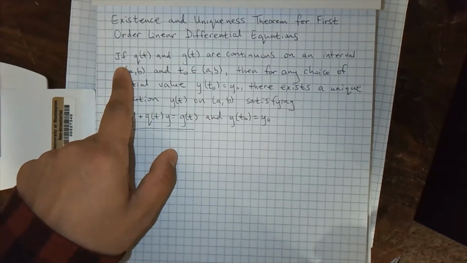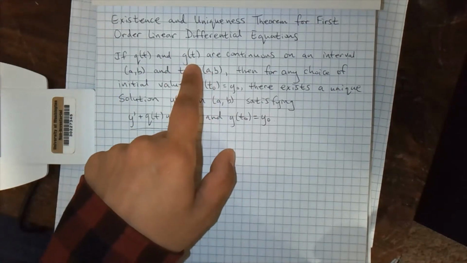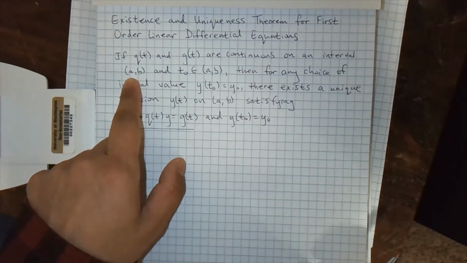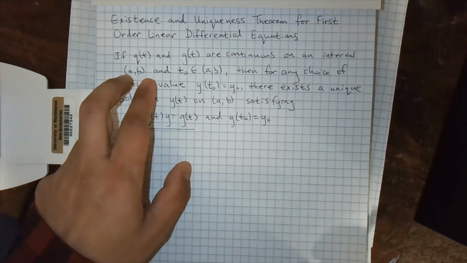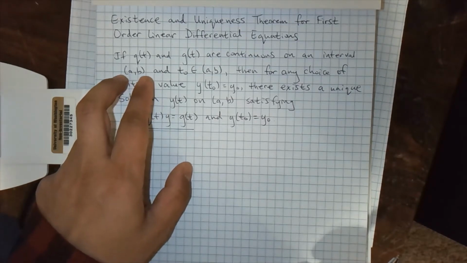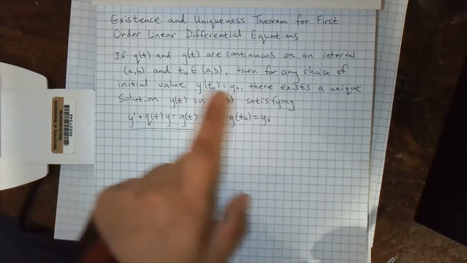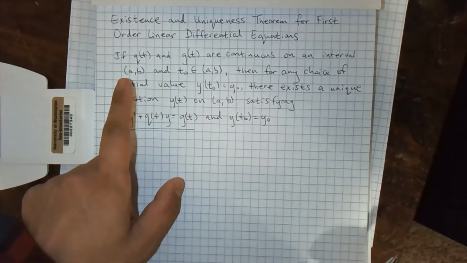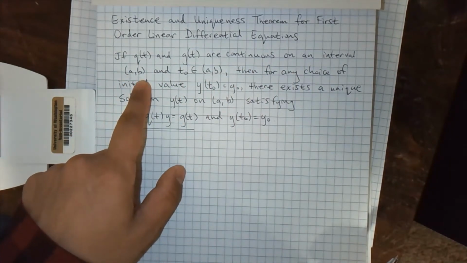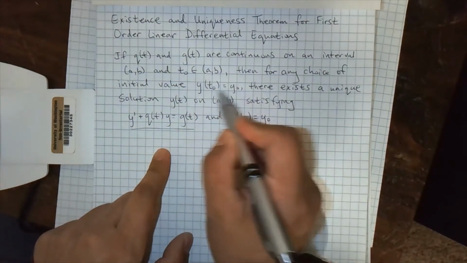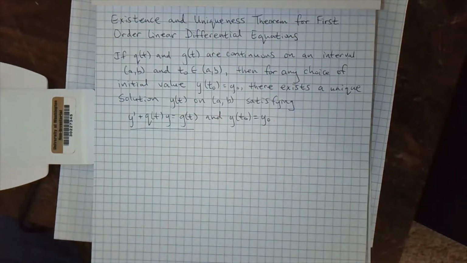And what this theorem says is, if q of t and g of t are continuous on some open interval, and our initial value is in that open interval.